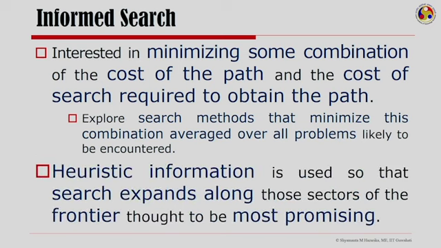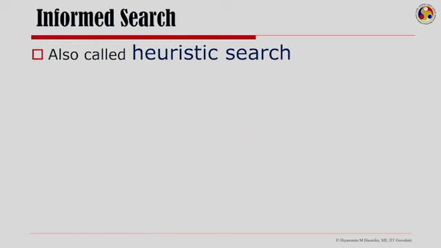Heuristic information is used so that search expands along those sectors of the frontier which are thought to be most promising. As I told you before, we call them heuristic search for they use task-dependent information.